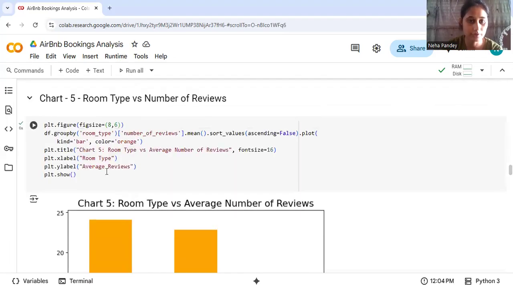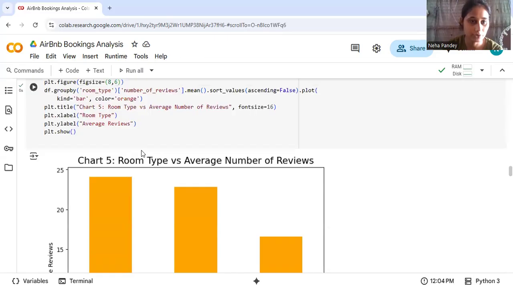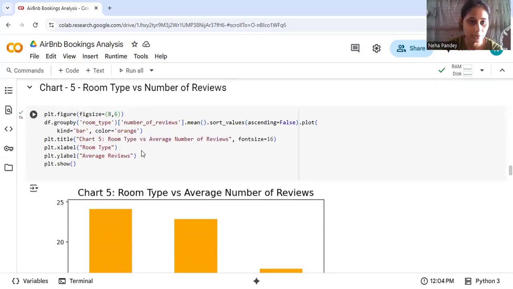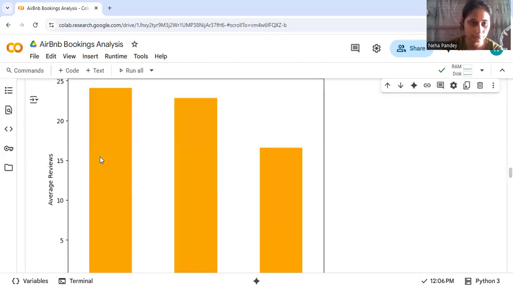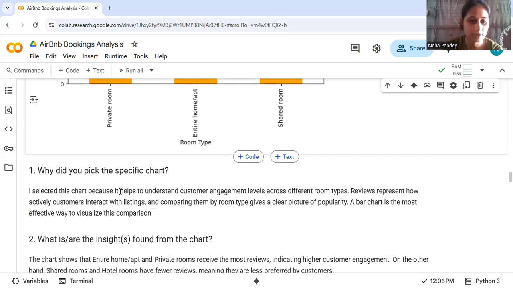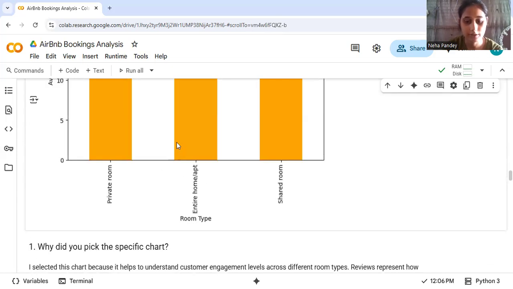Then room type versus number of reviews. I selected this chart to understand customer engagement levels across different room types.